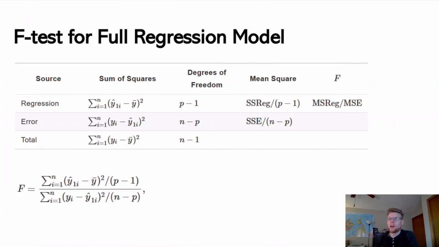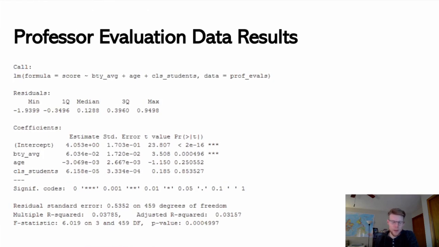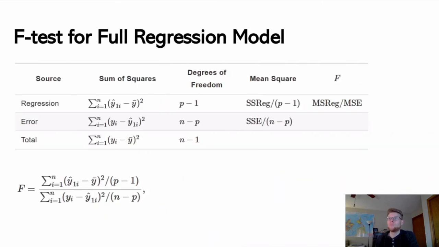Now, all this summary output is going to give us is the F statistic, the degrees of freedom associated with that test that was done, and the p-value result. What's going on behind the scenes is some other calculations, this decomposition of variance, where we have the amount of variability being explained by the regression, the amount of variability that is not being explained by the regression, and the total amount of variability in the response variable to begin with, right?